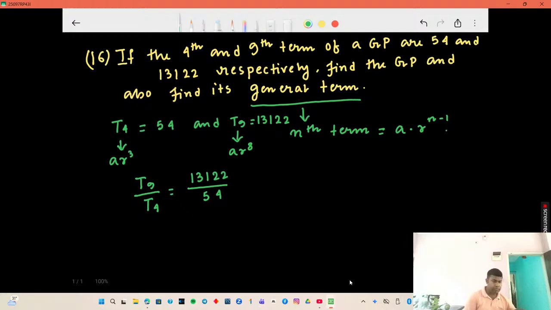Is it clear to you? So now when we divide this one, we will get 243, so R to the power 5 is equal to 243. Is it clear to you?